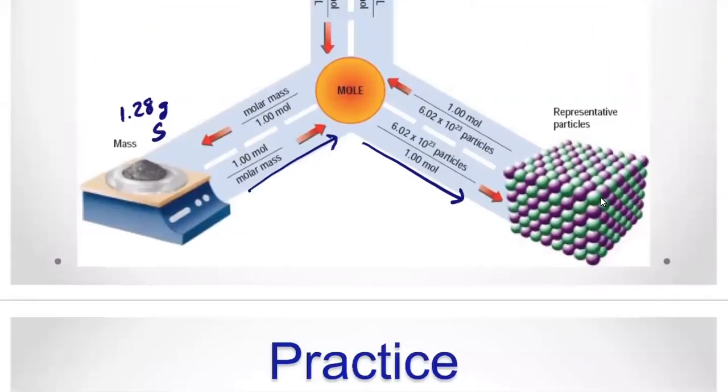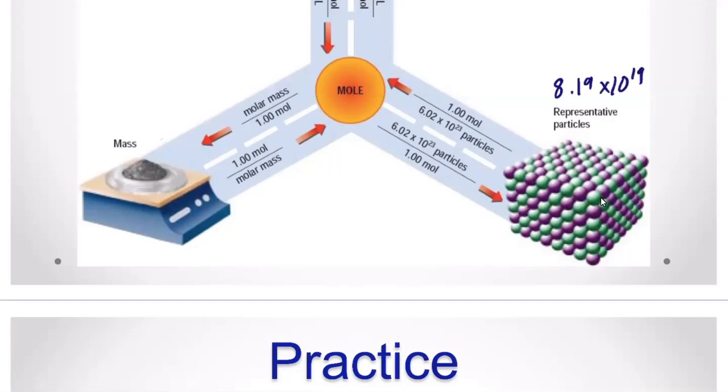So going back here, we'll just erase this. We're going the other way now. So in this case, we know the particles, 8.19 times 10 to the 19th, and I'm trying to find the grams. So I have to go to moles first, and then from moles to mass.